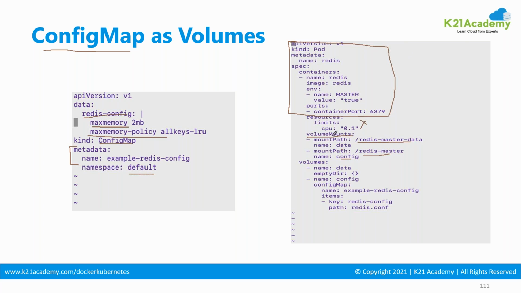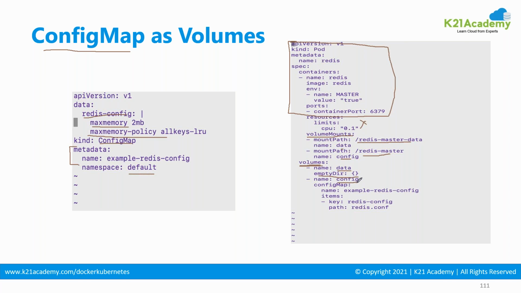We have seen the volume mounts right there. So what we are going to do here, we are going to mount this particular config map as a volume here. So just focus on this one, then you will be able to understand this. So this is volumes. The name we are giving to this volume is data, and this is an empty directory, right? So this is one volume, and another volume we are mapping is as a config.